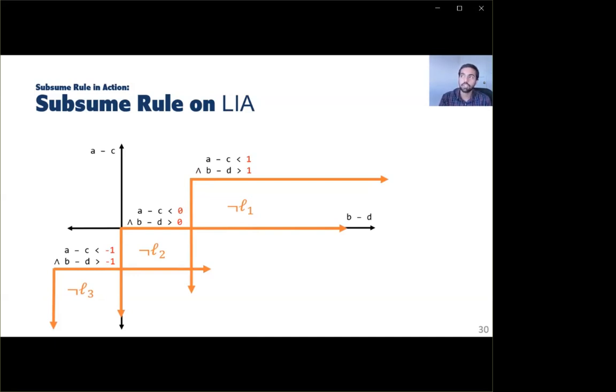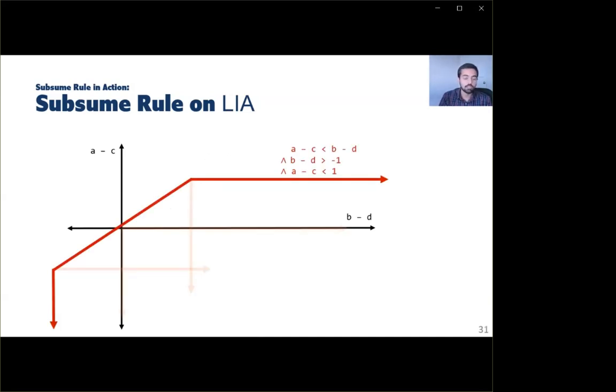In fact, we can make certain assumptions so that computation of convex closure is simplified. Please read the paper for the assumptions that we make and the new algorithm that we get for computing convex closure. So let's say we do compute the convex closure. It is going to be this red region. It has three literals.